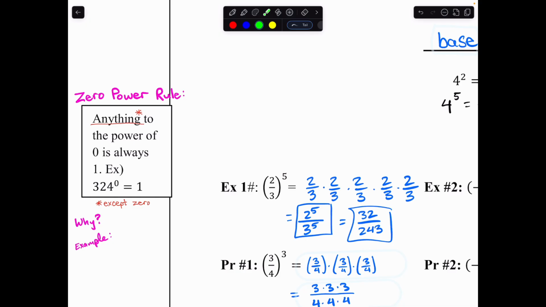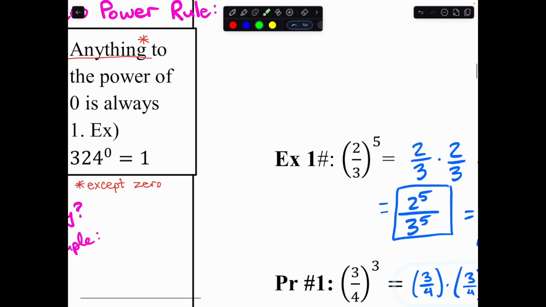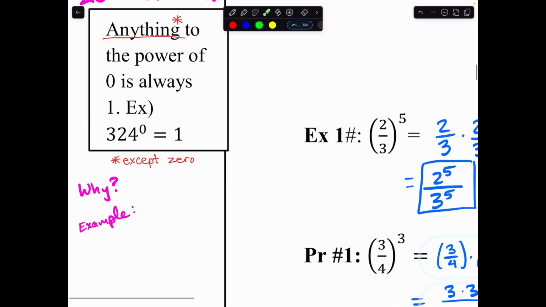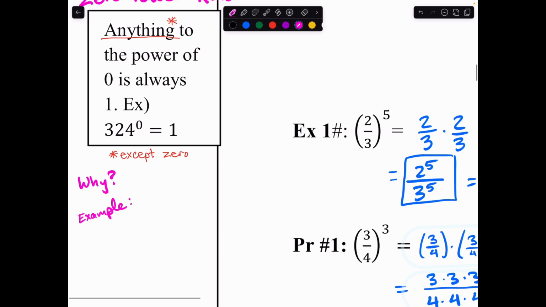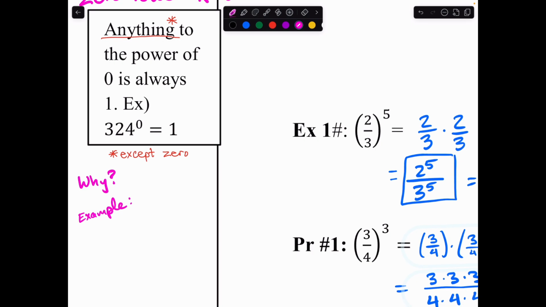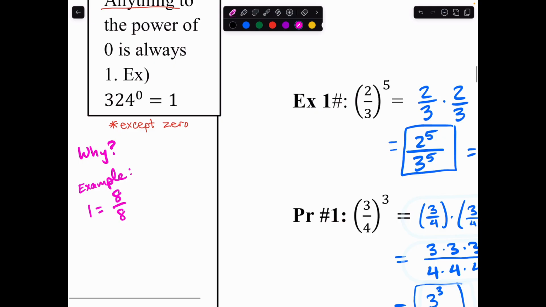And again, this comes from our quotient rule. So here's our example. Switch over to pink. So hopefully you agree with me that 1 is 8 divided by 8, right? But what I'm going to do is take those 8s and write them using exponents.